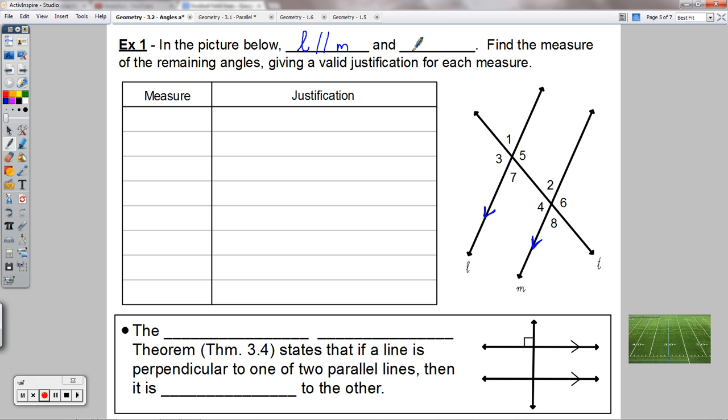and I'm also going to tell you that the measure of angle 1 is going to be 60 degrees. So here's 60 degrees right here.